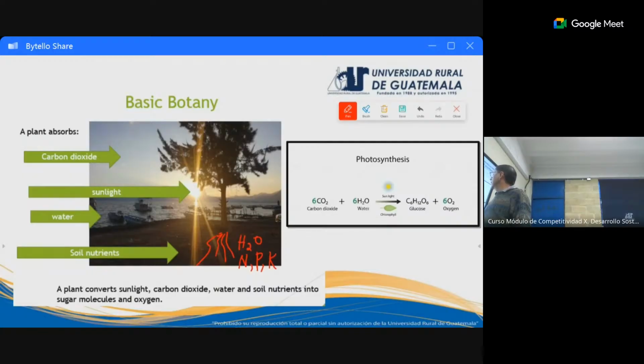They are minerals from the soil. And the stem here transports this water plus minerals to the upper level of the plant.